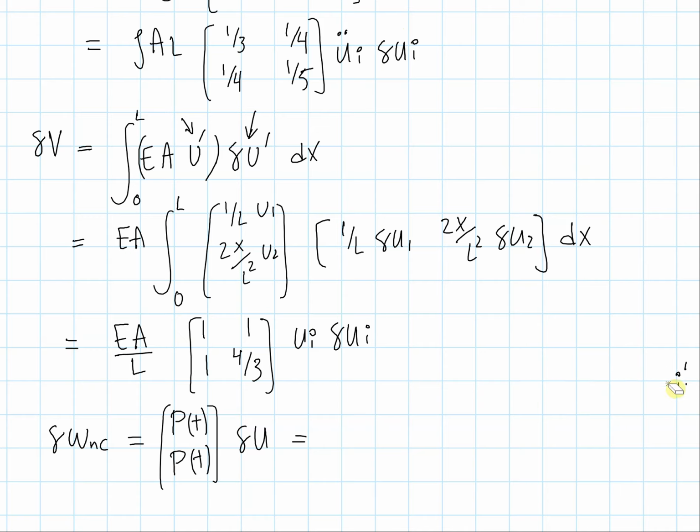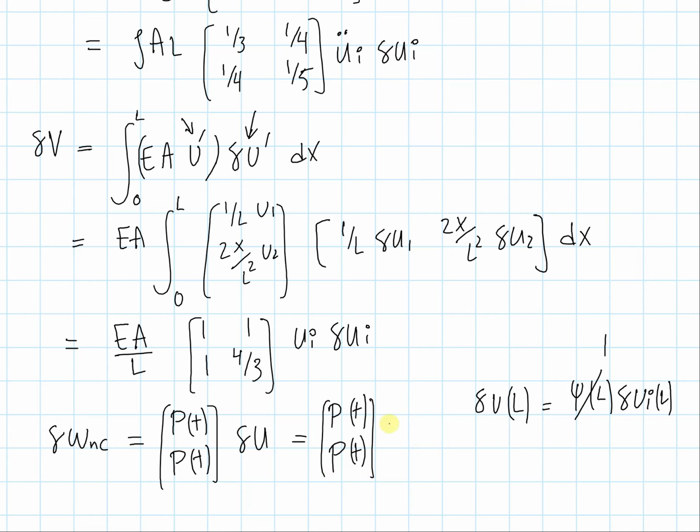I'm hitting the margins of my paper, I should probably write these a little bit inwards. So write them here. There we go. So we have delta U at position L is equal to psi at position L multiplied by delta UI. So all these psi's at position L are equal to 1. So I have PT, PT, then I have a delta UI. So that's what I end up with.